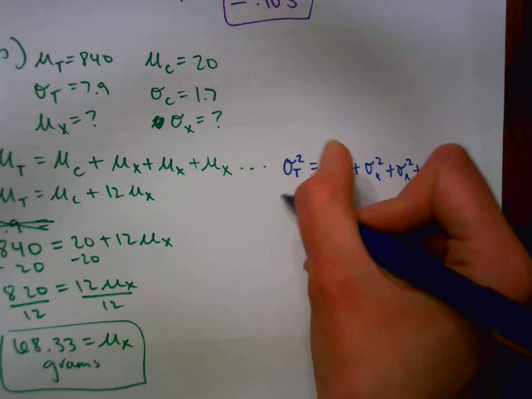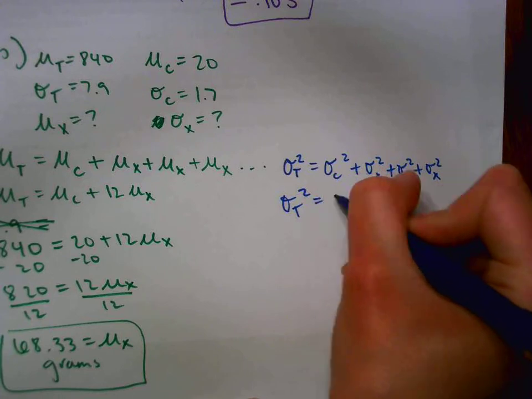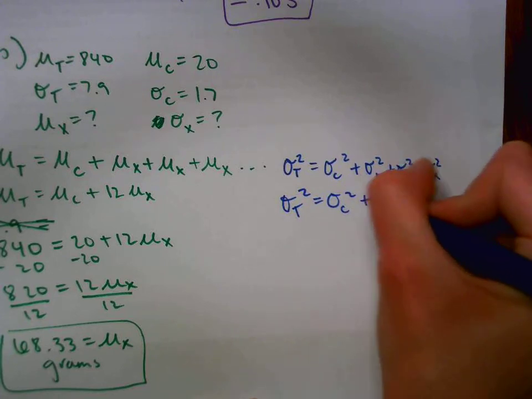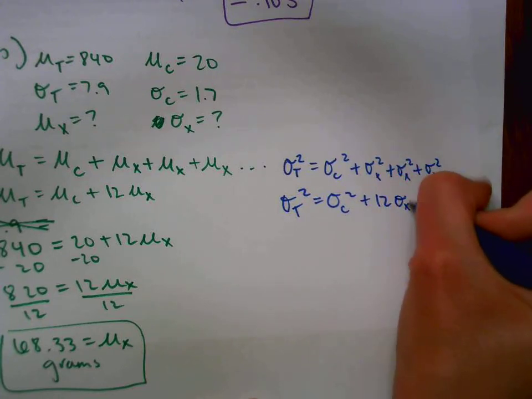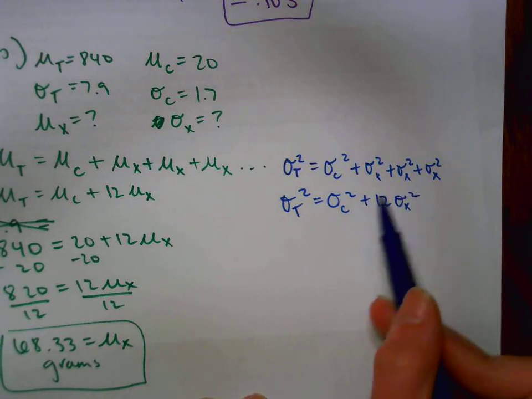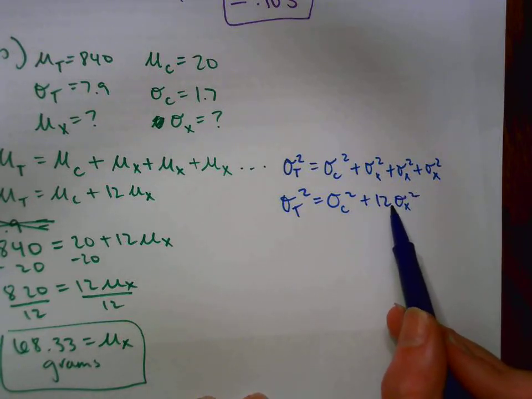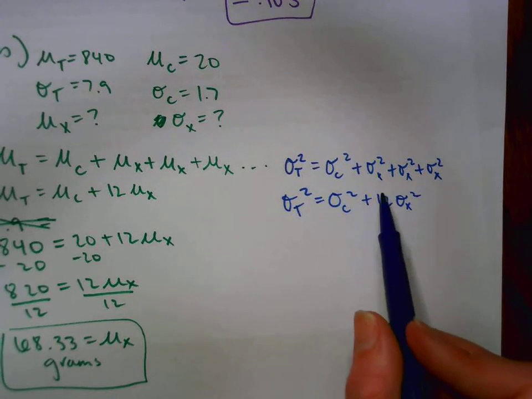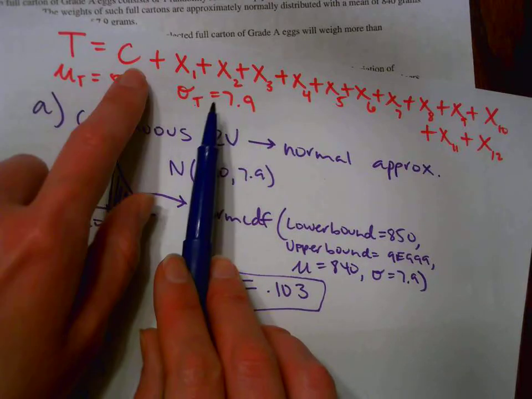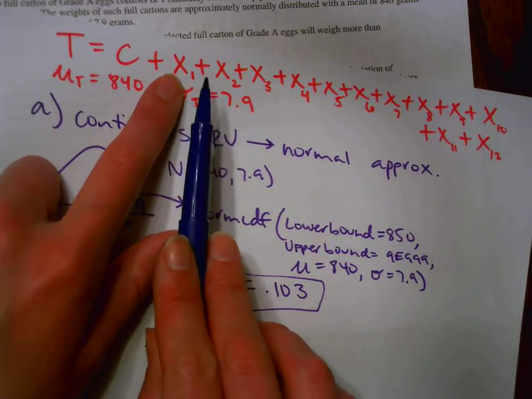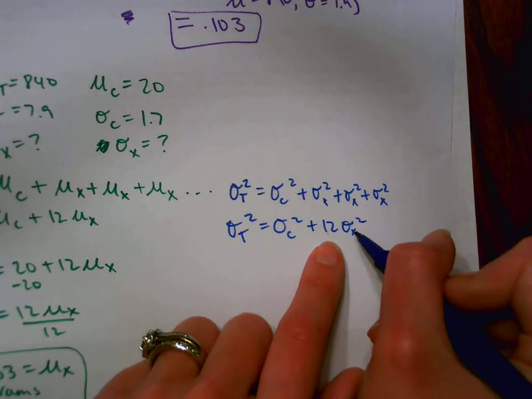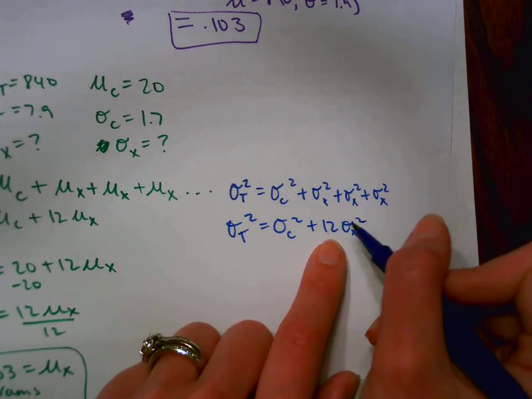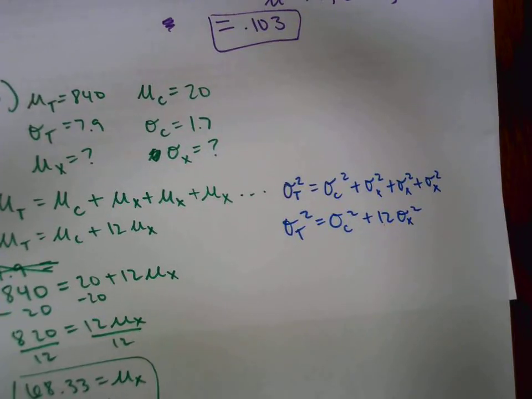The way that would look would just be 12 times that variance. So you are not squaring the 12. You're just adding up that variance 12 times. There's a difference. So if you would have written this as 12 times x, that would have looked like a constant, and you should have put the 12 in parentheses and squared the 12. So just be careful about the difference.